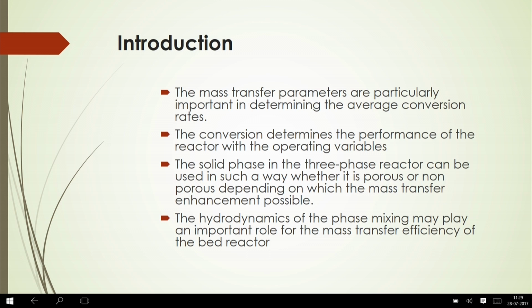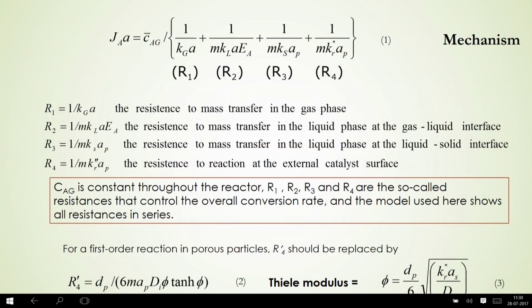So, the hydrodynamics of the phases, basically the mixing characteristics and flow pattern, change the mass transfer rate inside the fluidized bed. We know the mechanism of the two-phase theory of mass transfer characteristics there.